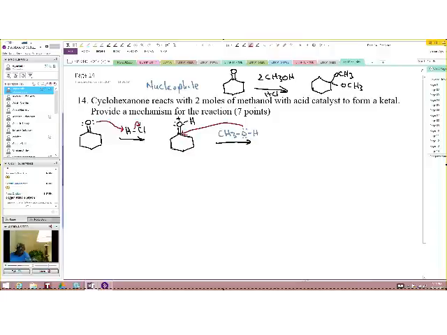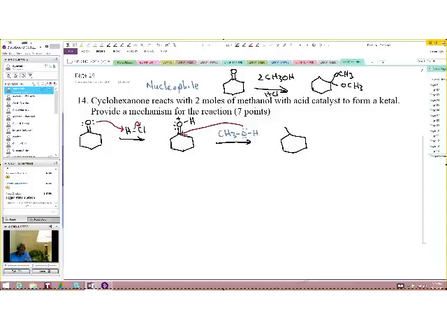So what happened here? Now you have this. When you do that, this electron pair also goes to oxygen.